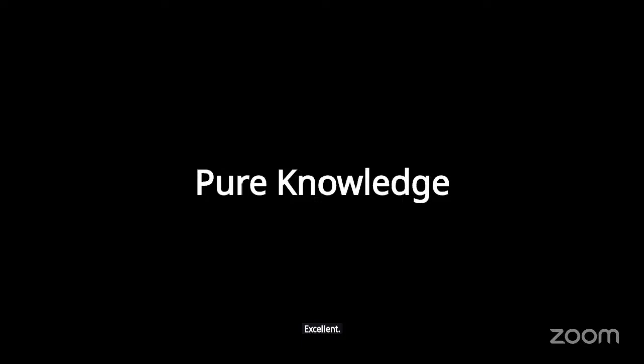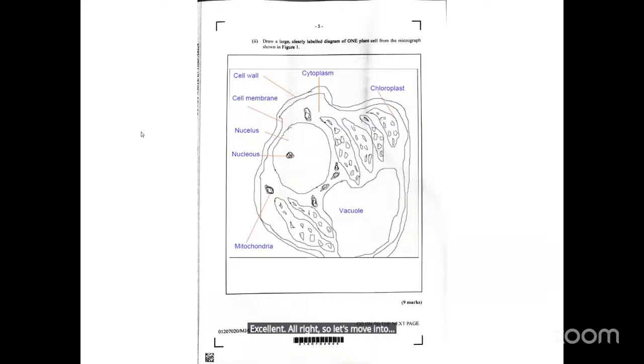All right, so let's move into what's the function of the vacuole? To store minerals and water. To store minerals and, I didn't hear the last part. Water. It's not exactly water though, you know. Sir, it stores food. That's where the food is stored.